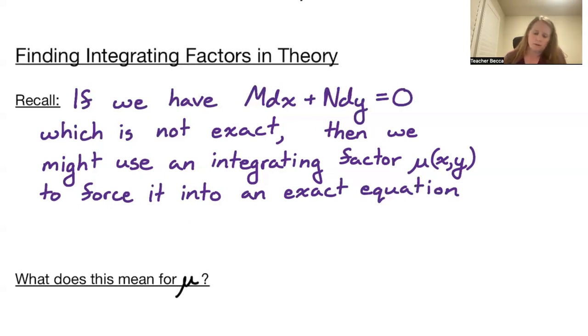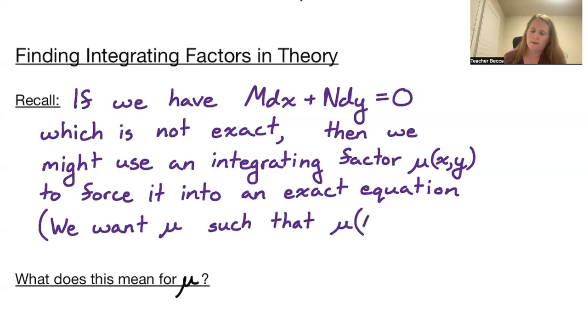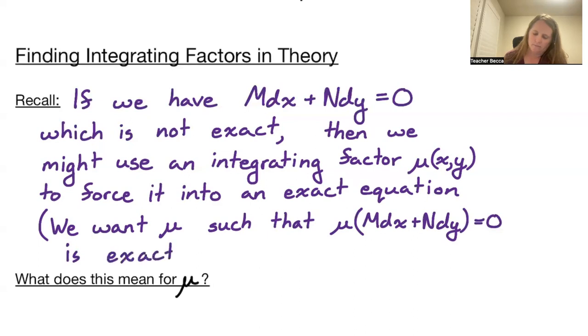So in other words, we want mu such that mu times, in parentheses, M dx plus N dy, in parentheses, equals 0 is an exact equation. Right? So the question becomes, how do we find such a mu?